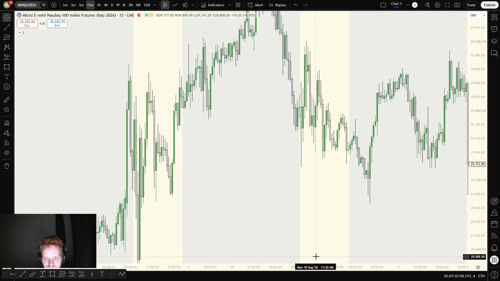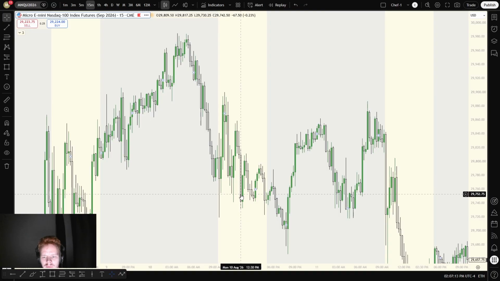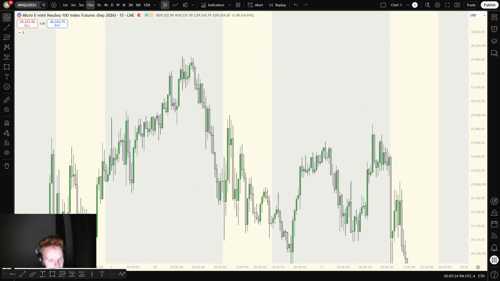Now, I feel like the high and low resistance liquidity concept is a bit easier to understand, a bit easier to follow. Regardless, I still want to show it. Let's start with the highs here.